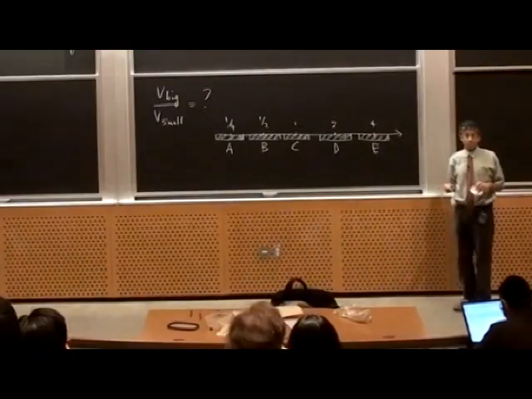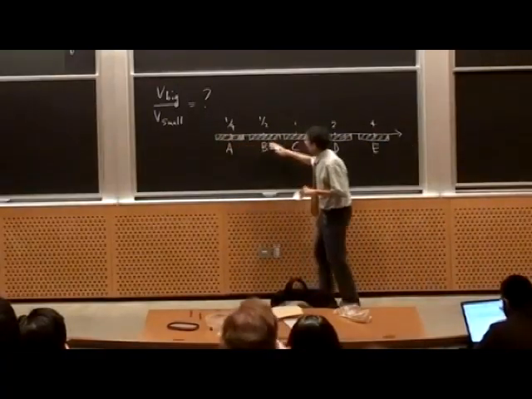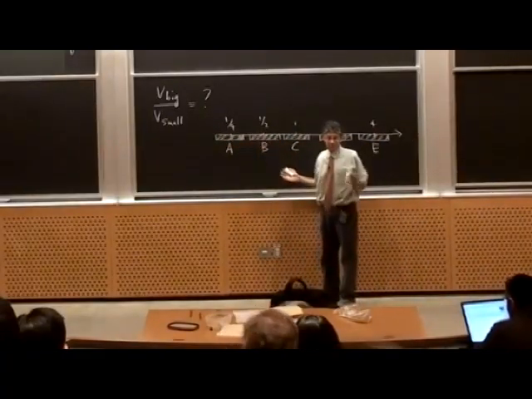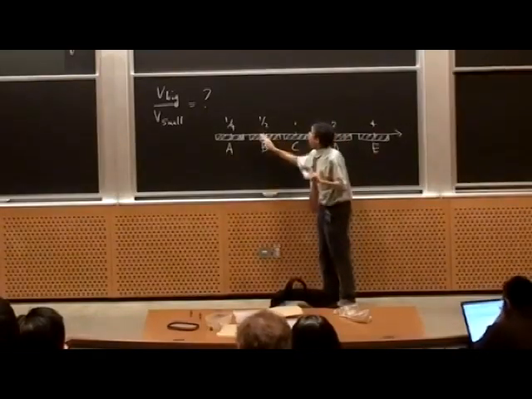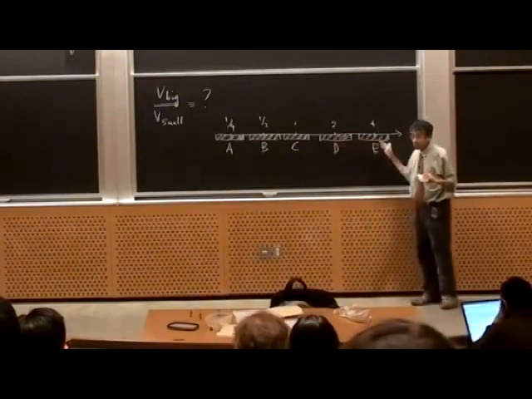So you have 5 choices for the ratio, basically roughly 1/4. This is some range here, because nothing's exact, and we're certainly not going to do an exact experiment. Roughly 1/2, roughly 1, roughly 2, or roughly 4.